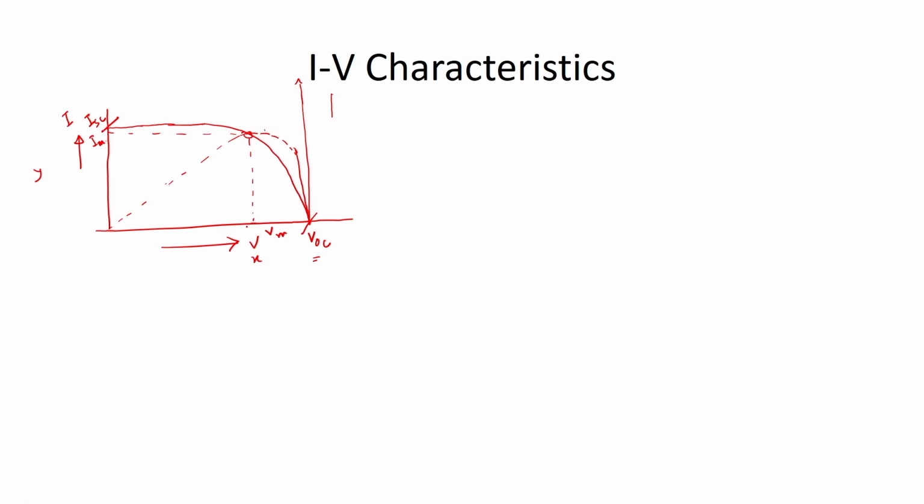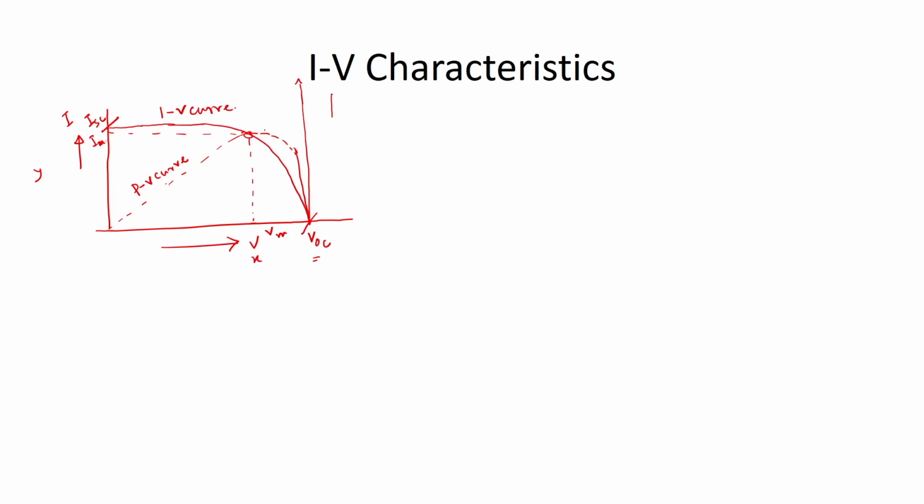An ideal cell would have a perfectly rectangular characteristic, right. So, this is the PV curve and this is the IV curve.